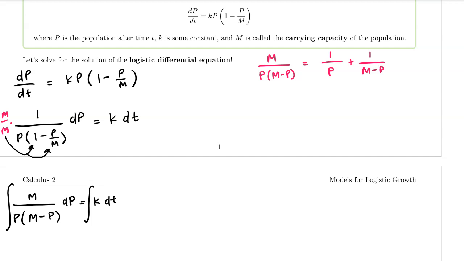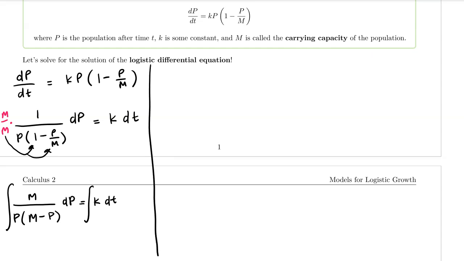So coming back to our integral, the left-hand side of our equation from previously will change into the integral of (1 over P plus 1 over M minus P) dP is equal to the integral of k dt.